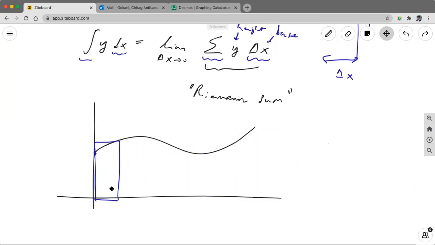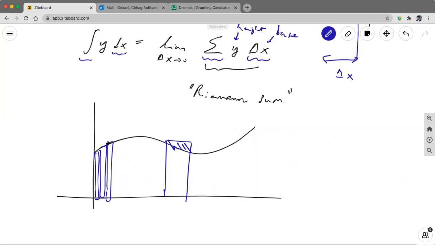So literally, I'm going to make smaller rectangles now. So if I have tiny rectangles, and you can imagine, I'm not going to do this for the entire graph, but you can see that my error has gone down, right? Because remember how when I had big rectangles, I had big errors. This was my error. Now you can see my error is a lot smaller because I'm taking smaller rectangles.